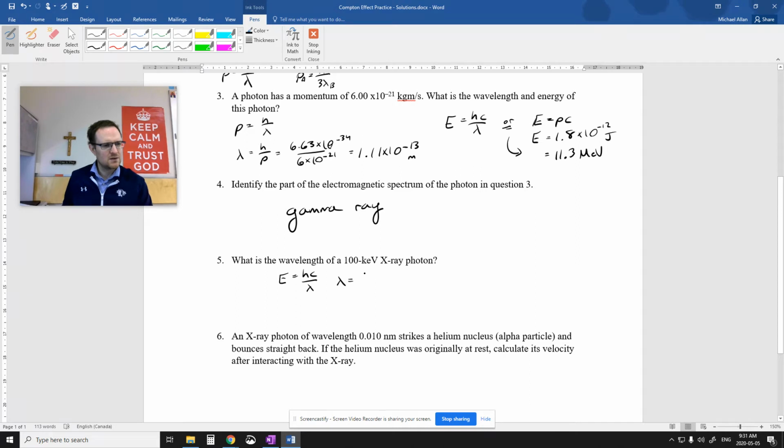Lambda is equal to hc over E. And if I just use the 4.14 number, and I change that one into 100,000 electron volts, I'm going to get a wavelength of 1.24 times 10 to the negative 11 meters.